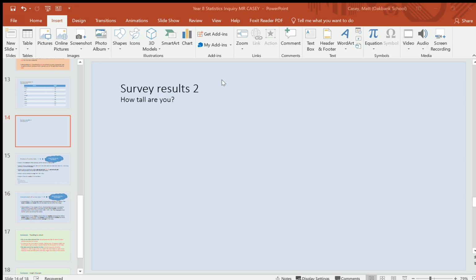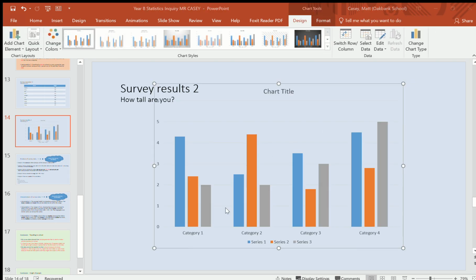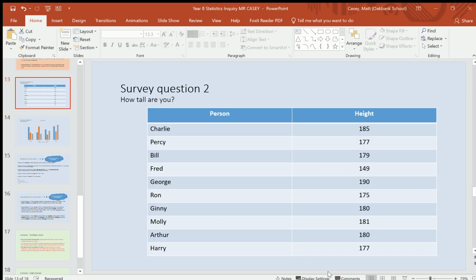So we're just going to stay with a column graph. Once again, we get this little Excel square green thingy, and we're going to have to put in these numbers and categories. So we've got these people, and we're going to put them down where it says category.